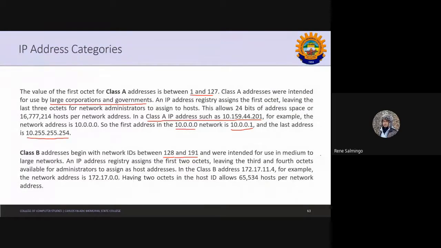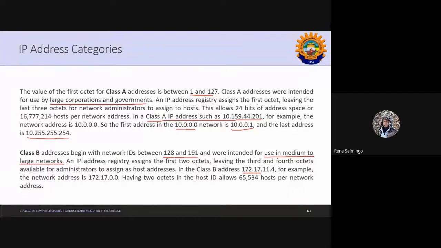Class B is used in medium to large networks, and the IP address registry assigns the first two octets, for example 172.17. So what's the difference?